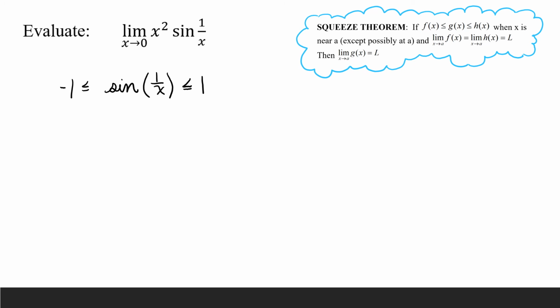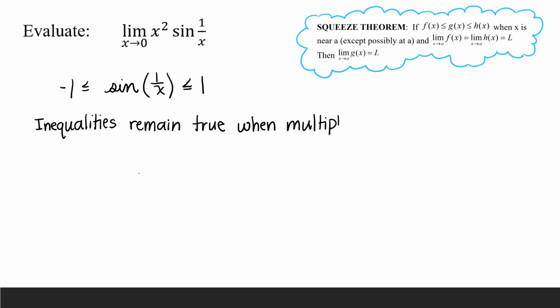We know that inequalities remain true when multiplied by a positive number, and you want to note this as you're doing this type of problem. So that means we can only multiply each part of this inequality by x squared if x squared will always give us a positive number.